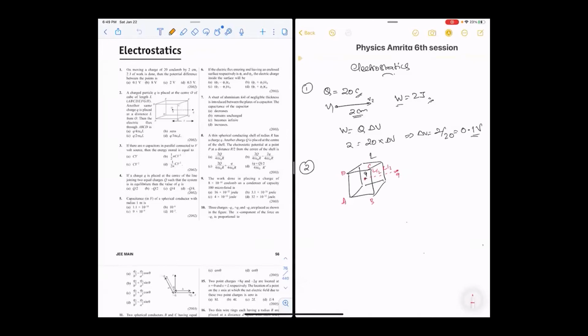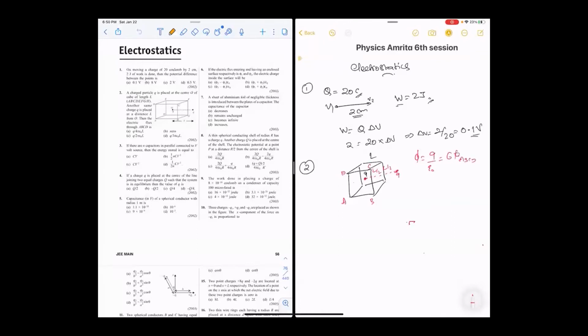Due to the small q inside, the flux is shared equally among the 6 sides, because it is at the center. The total is q by epsilon naught, which is 6 times the flux through ABCD.